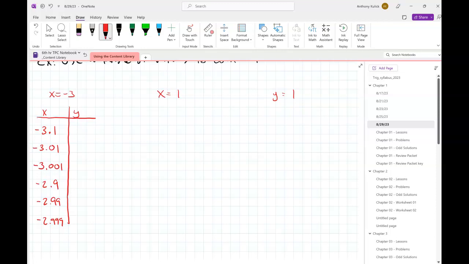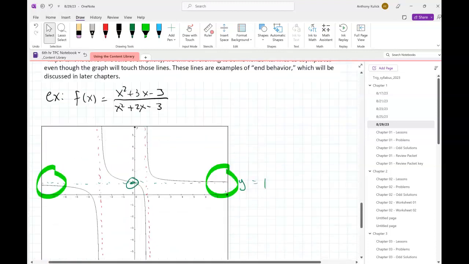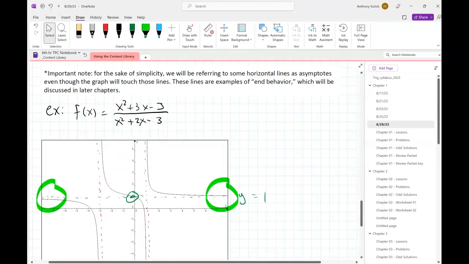How am I going to get the y values? I'm going to plug those numbers in for x into our equation up here. Now that stinks a little bit, right? Because that's a lot of typing into our calculator.